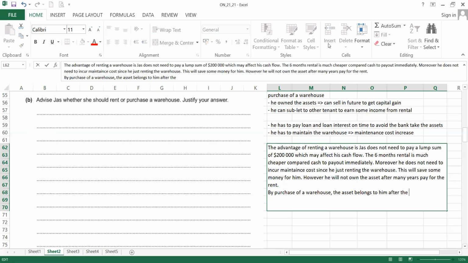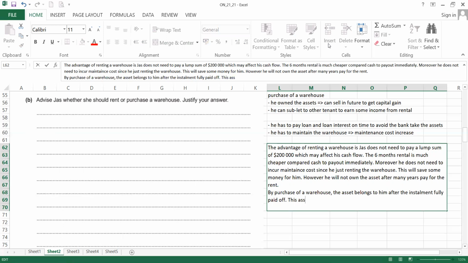The installment is fully paid off. Okay, so this is the advantage of it. He needs this asset. Okay, we talk about advantage first.